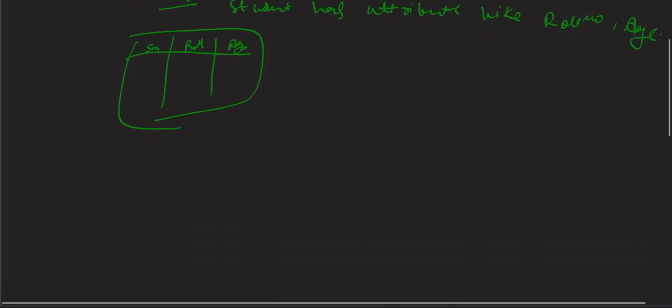So there are basically four types of attributes. So let's discuss this one by one. So the first is simple attribute. Okay. Second one is composite attribute.